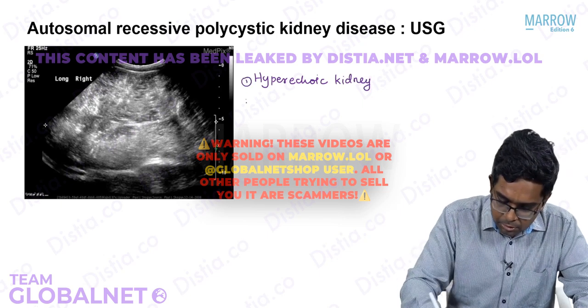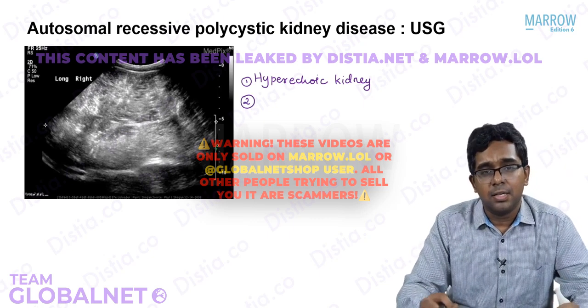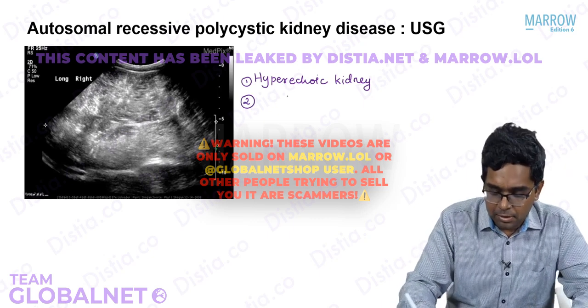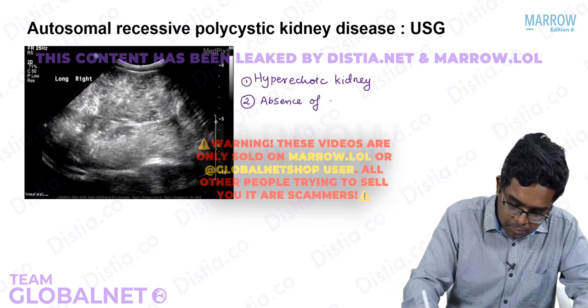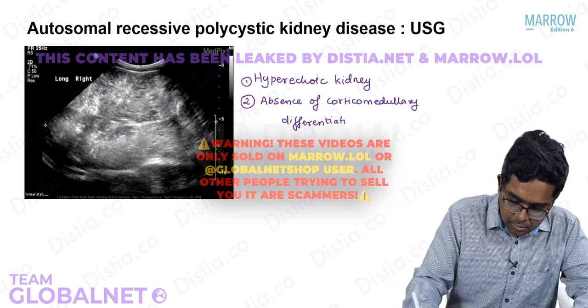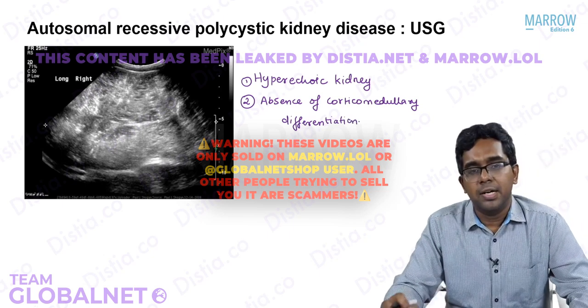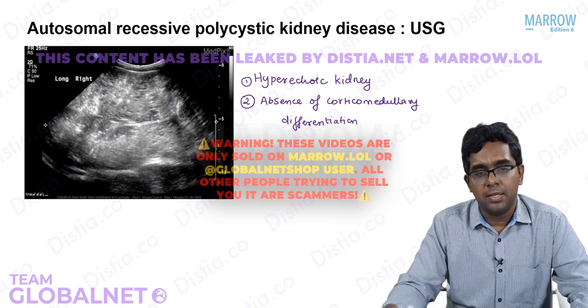And number two, you are not able to make a clean distinction between cortex and medulla of the kidney. This is what is called absence of cortico-medullary differentiation. These are some important radiological one-liner questions which can be asked with autosomal recessive polycystic kidney disease.